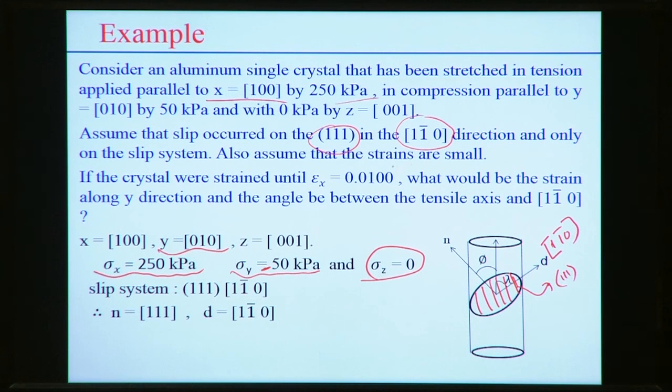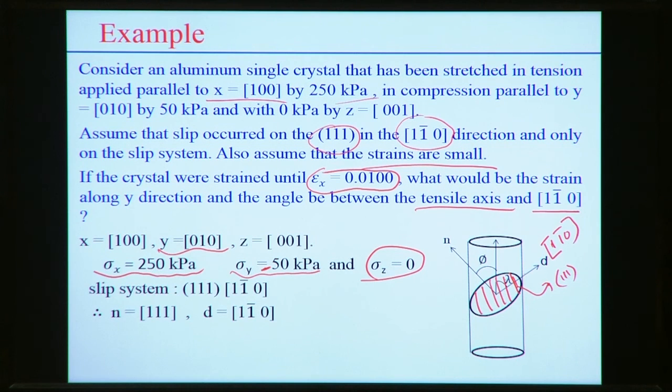Also assume that the strains are small. If the crystal is strained with epsilon x of 0.01, what may be the strain along the y direction, and the angle between the tensile axis and [1 bar 1 0] we need to find out.